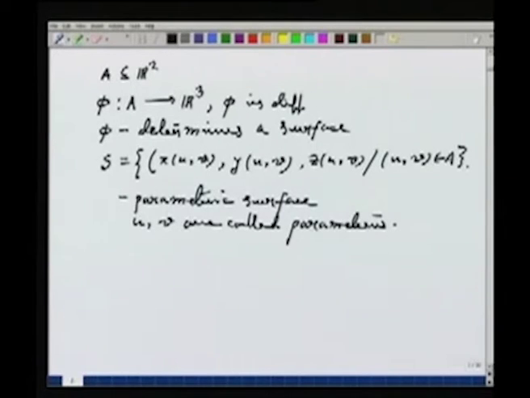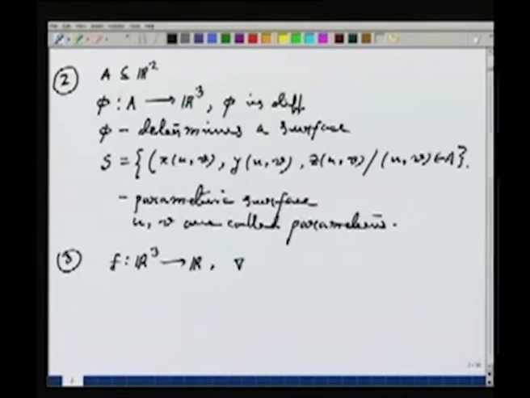Now another kind of surface we will deal with sometimes is the level set of a function. Third is a level set. Suppose I have a function f from R3 to R. I will assume a technical condition whose role is very difficult to explain at this point of time. Just assume this condition.